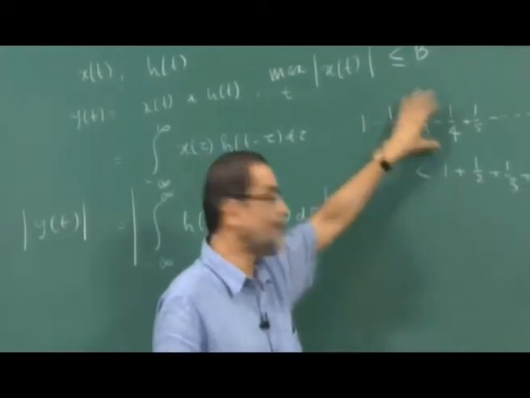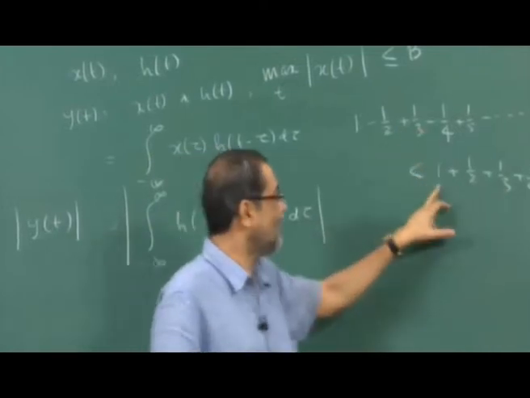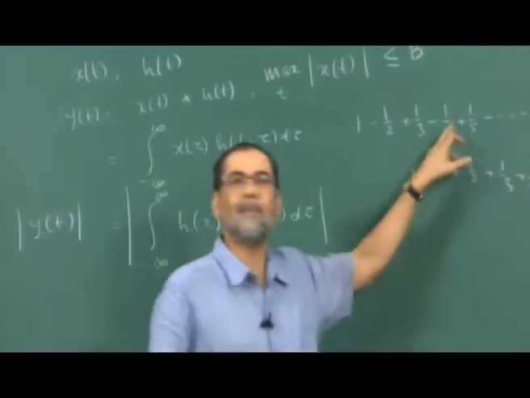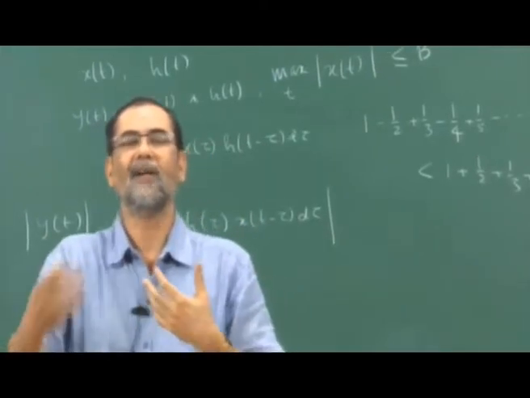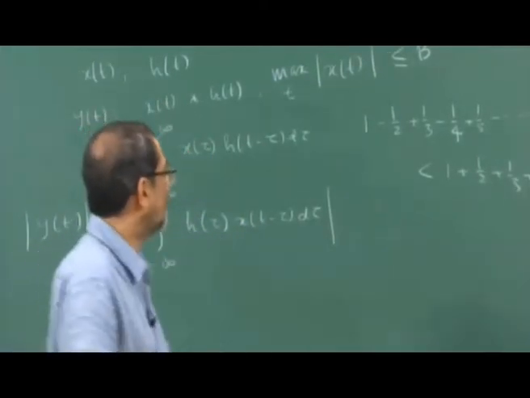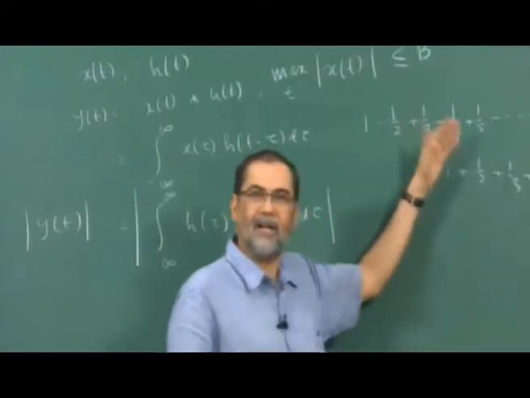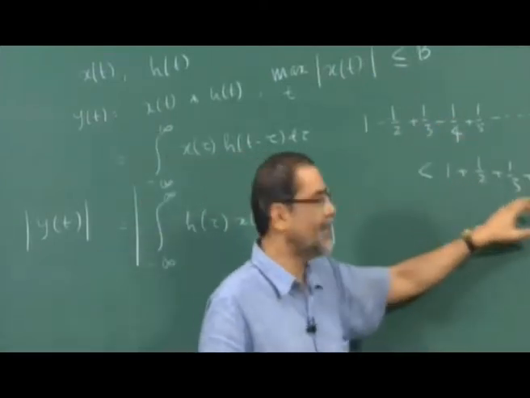Here every term is positive; there some terms are positive and some negative, so that sum will be less than the one where everything is positive.